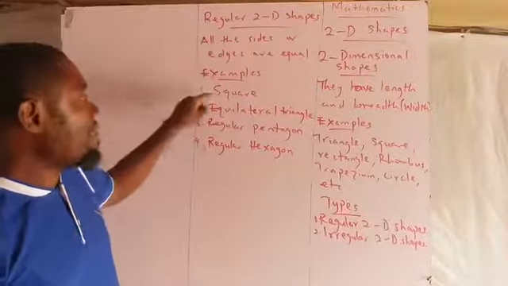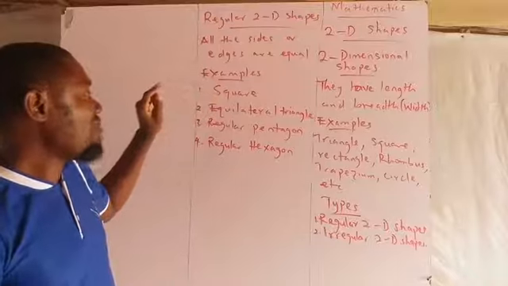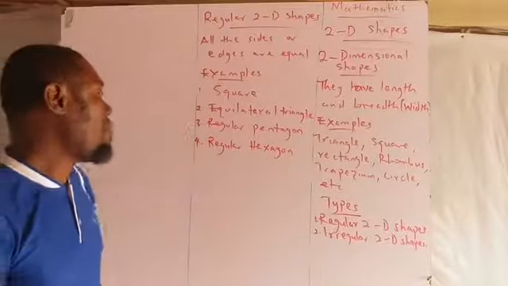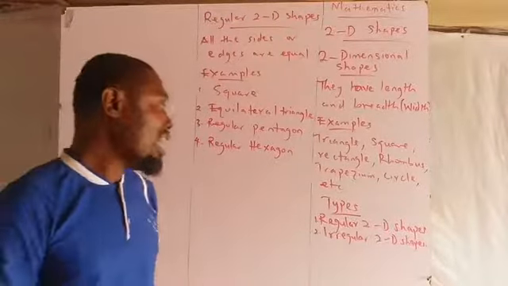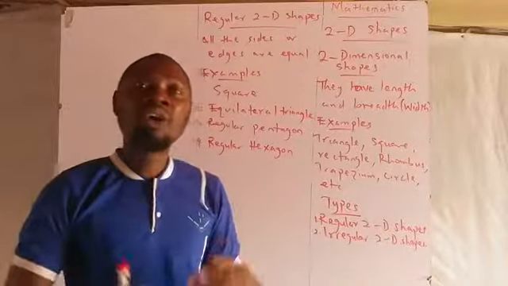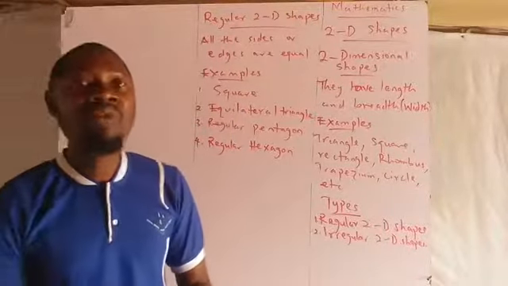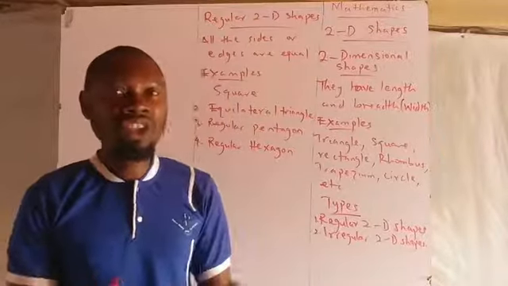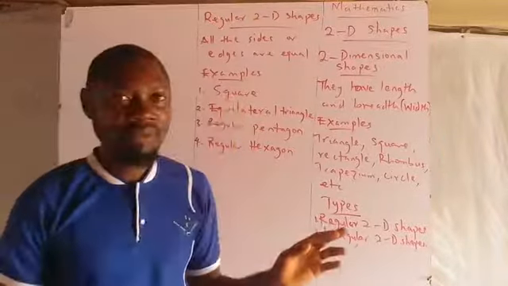Examples: square, equilateral triangle, regular pentagon, regular hexagon, regular heptagon, regular octagon, regular decagon. All those shapes can also be regular.